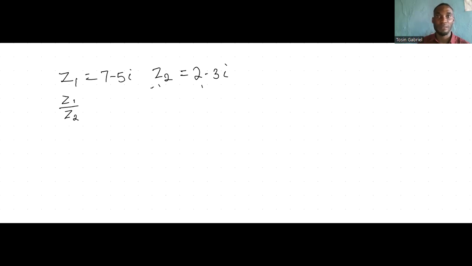So for z1 divided by z2, what's z1? z1 is 7 minus 5i over 2 minus 3i.